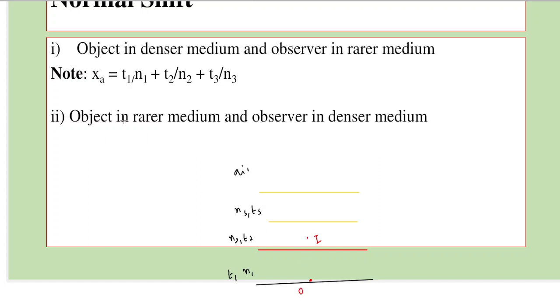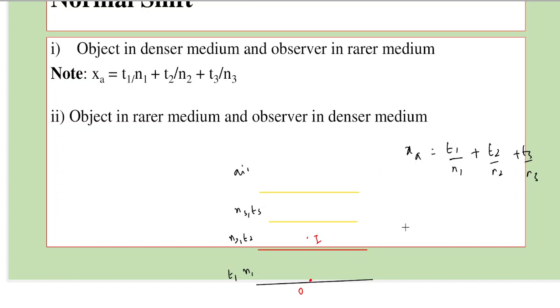So in this case, if you write it, then the apparent thickness, as seen in the previous slide, if you add for all the things, becomes t1 by n1 plus t2 by n2 plus t3 by n3.